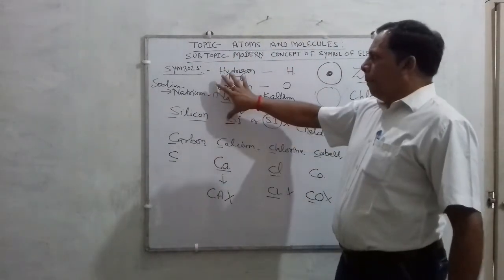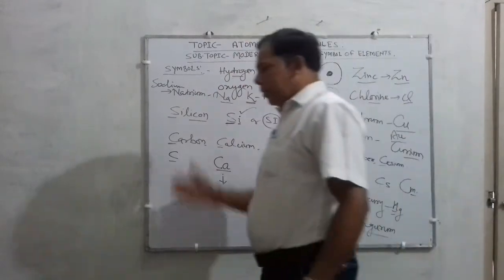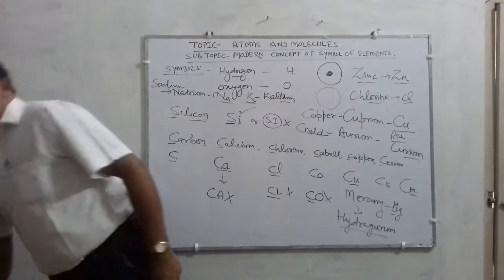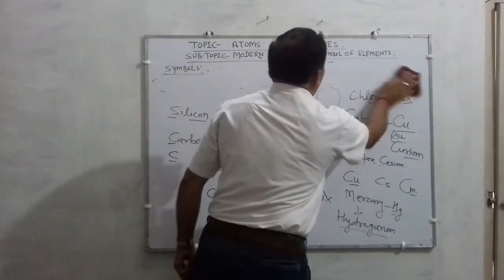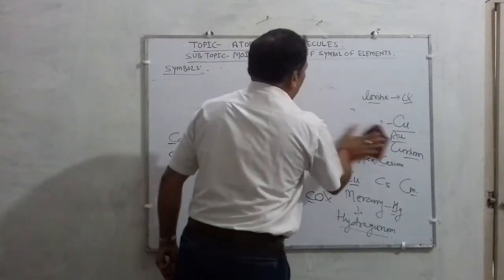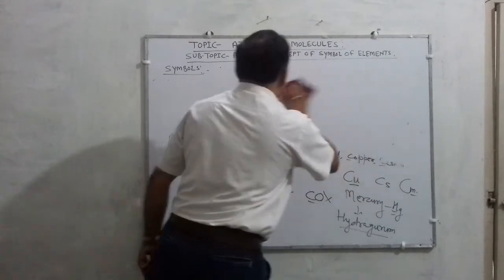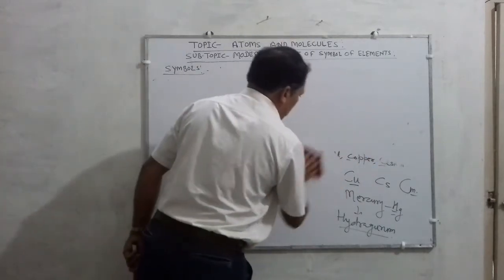So this is the method of representing symbols which you have just studied. In the next point, I am going to list some important symbols of the elements according to IUPAC recommendations.